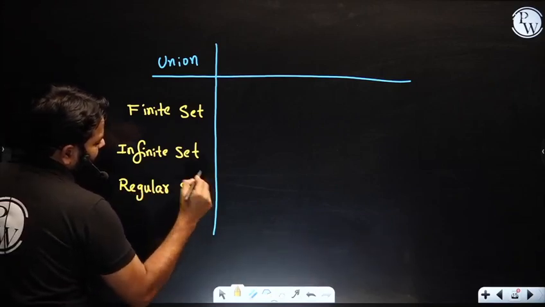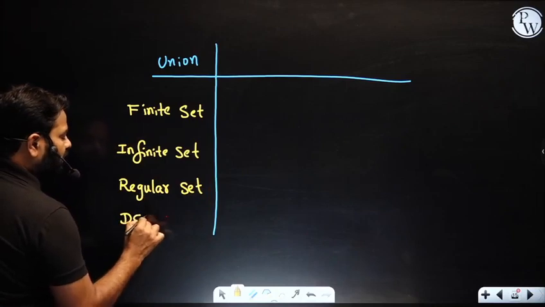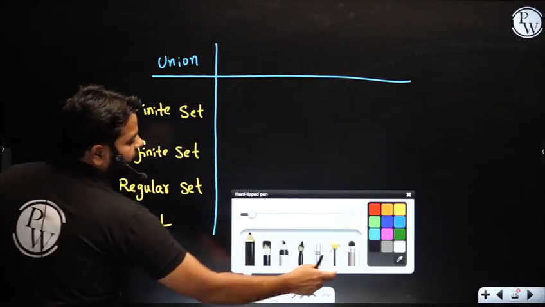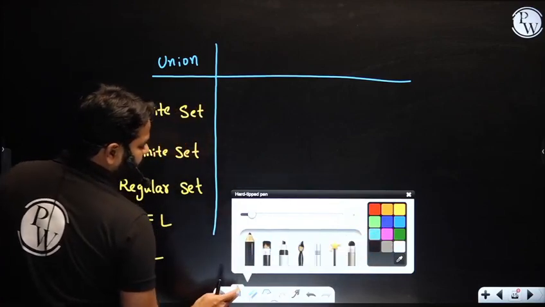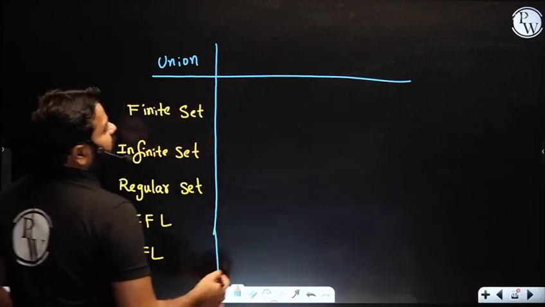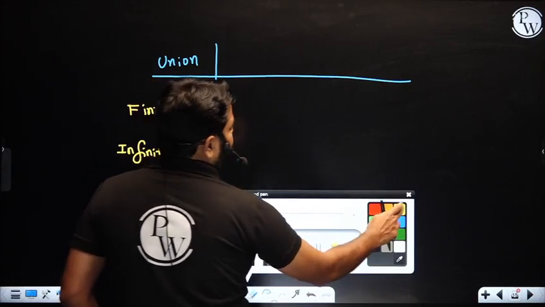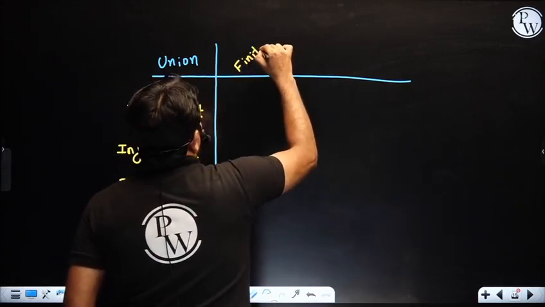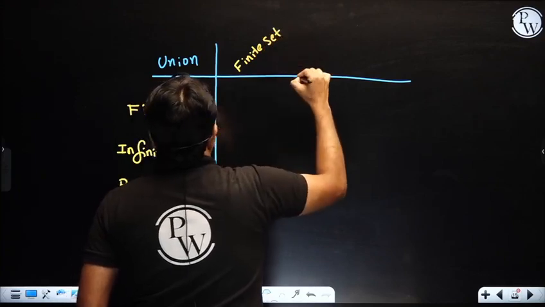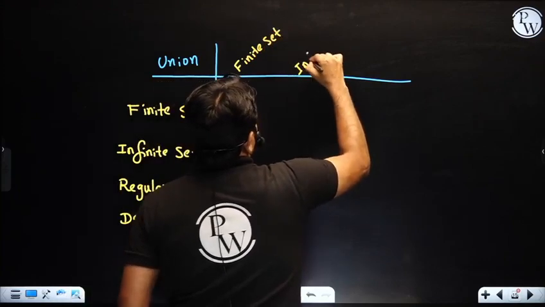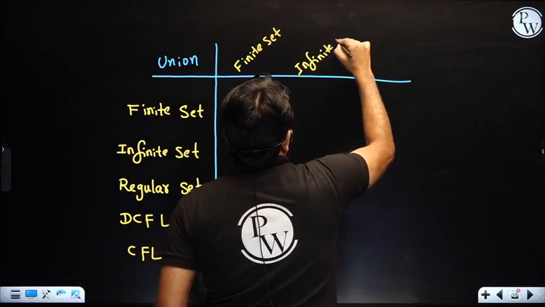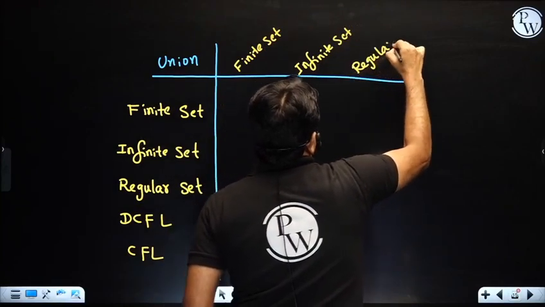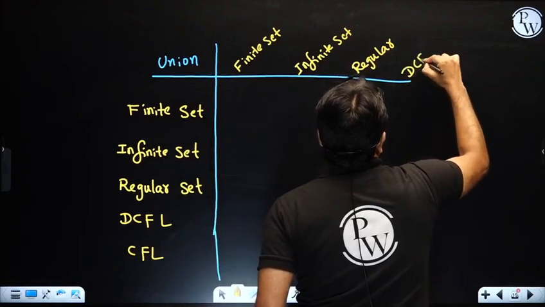But I'm just giving the hint: deterministic context free language and context free language. You have here a finite set, you have infinite set, regular set, DCFL as well as CFL.